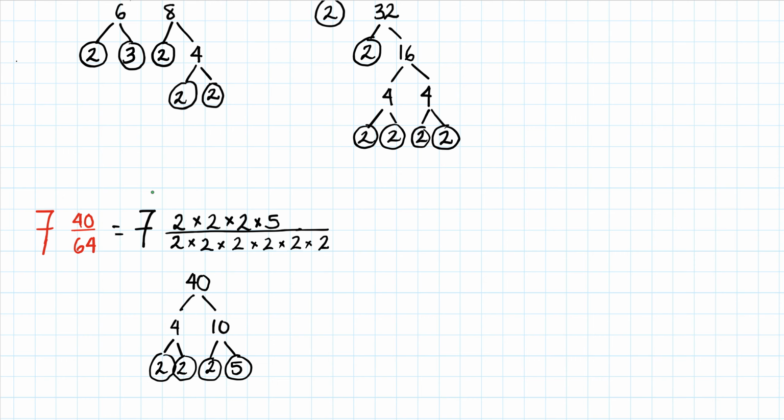Fantastic. And then I start simplifying, 2 and 2 and 2 and 2 and 2 and 2. Great. And I'm left with 7 as a whole number, 5 as a numerator, and underneath I have 2 times 2, which is 4, times 2, 8. 5 eighths. And that's my answer.